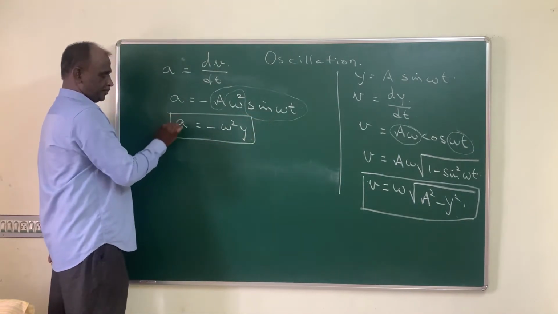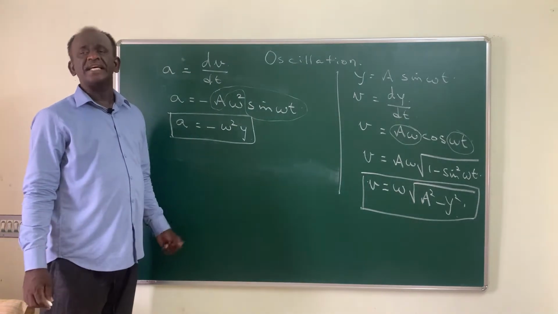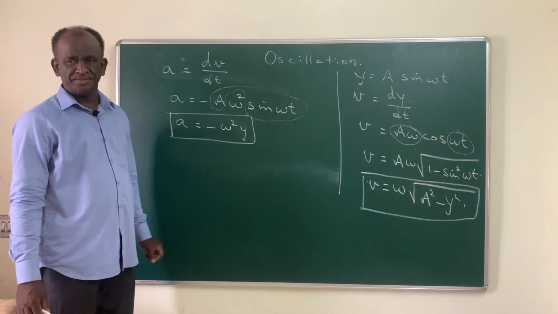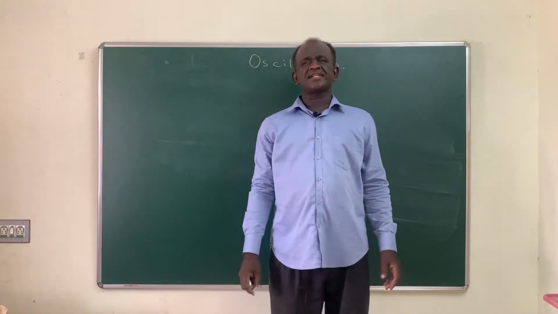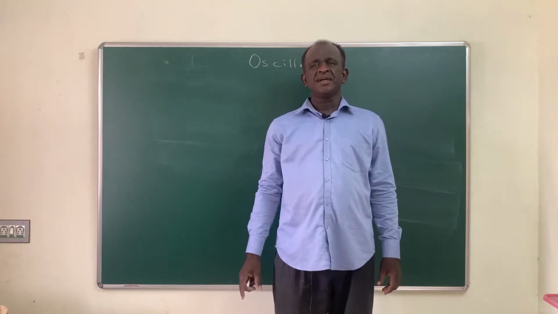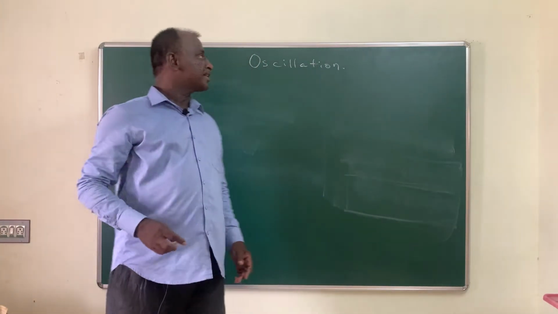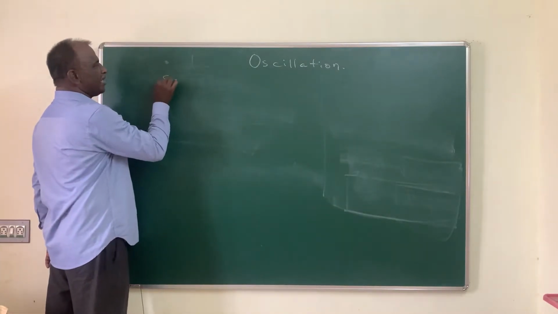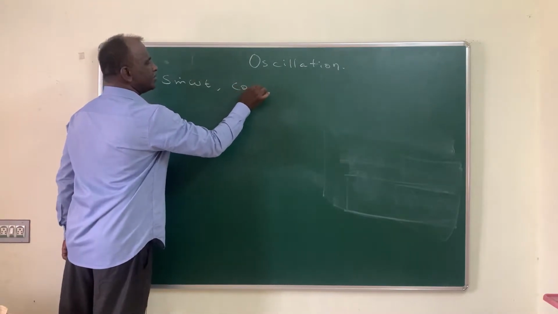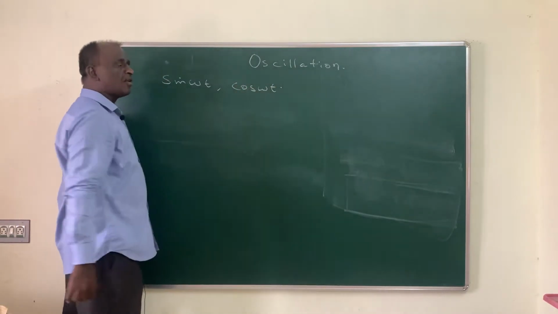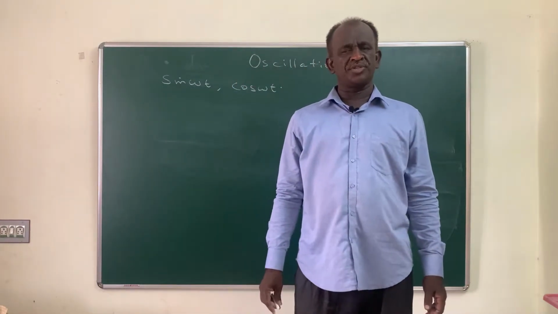This is what is called the differential equation that governs simple harmonic motion. Since we are concerned with periodic motion, to represent it we have some periodic functions. These periodic functions are generally sine omega t, cos omega t, as well as combinations of these functions that represent simple harmonic motion.